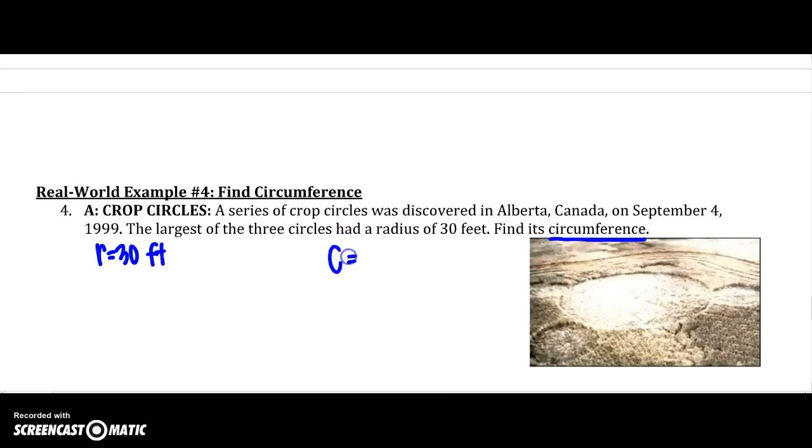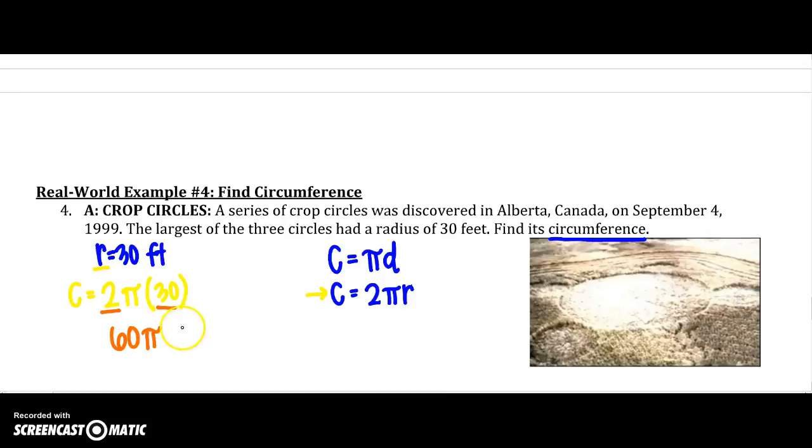So we know that the circumference equals pi times our diameter, or 2 pi times our radius. Since we're given our radius, I'm going to use this one. So my circumference equals 2 pi times my radius. So I'm going to combine 2 times 30, which would give me 60 pi.